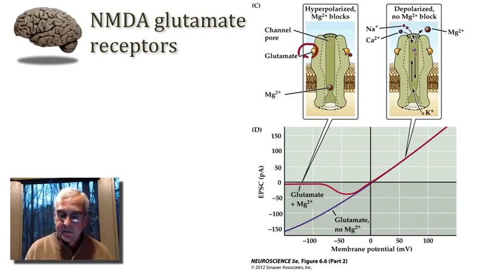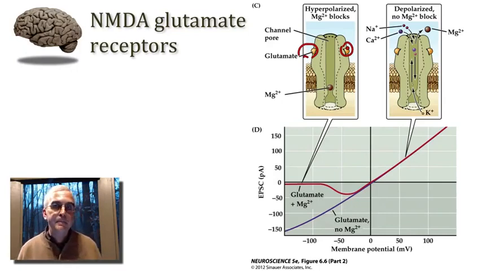It has a binding site for glutamate on some of the subunits, and sites that bind other types of molecules. I mentioned that glycine is a cotransmitter in the central nervous system. There's a binding site on these subunits for glycine. So in order for the channel pore to open, both glutamate and glycine have to interact with their receptors on this channel complex. But there are other binding sites as well.